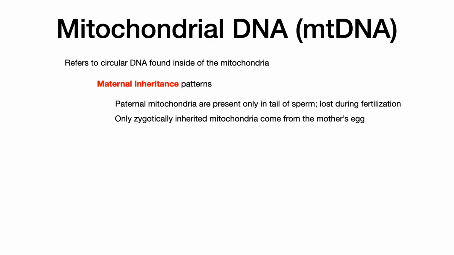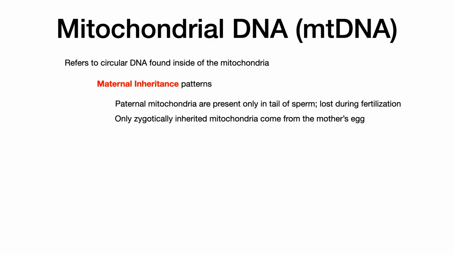And during fertilization, you don't get any of the genetic components of the tail of the sperm because that part is lost during fertilization. So really the only thing that's zygotically inherited post-fertilization comes from mom. So it's coming in that maternal mitochondrial DNA.